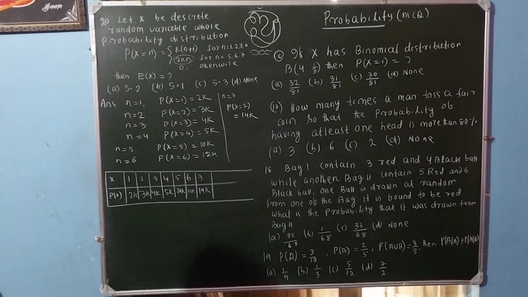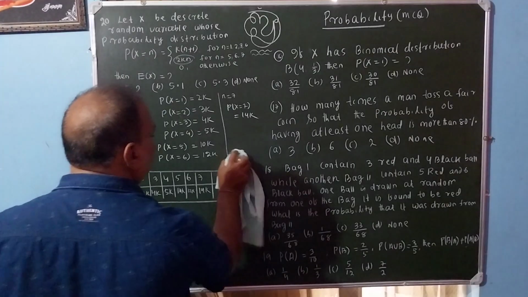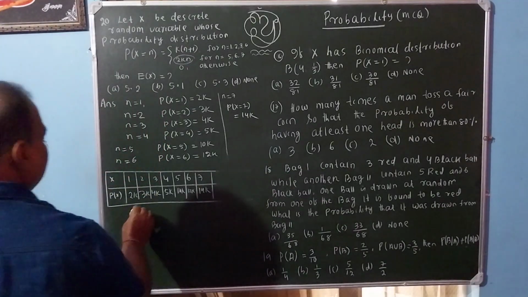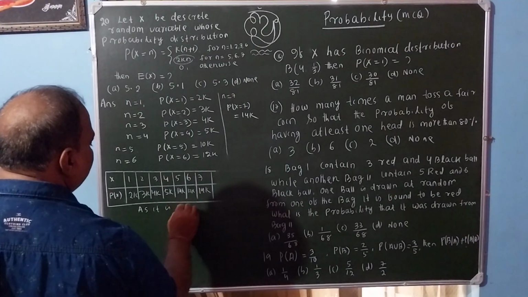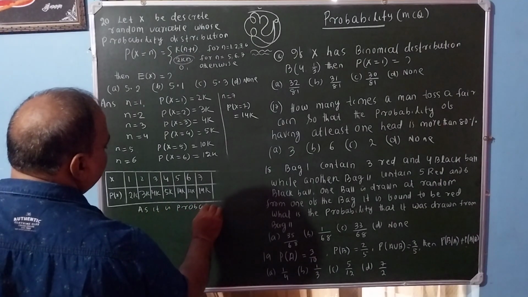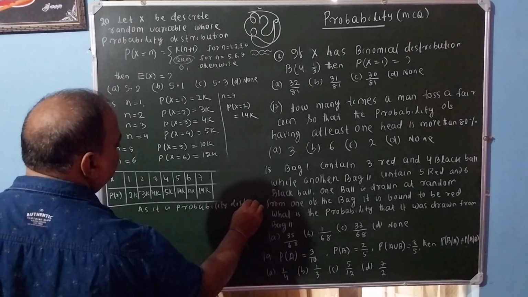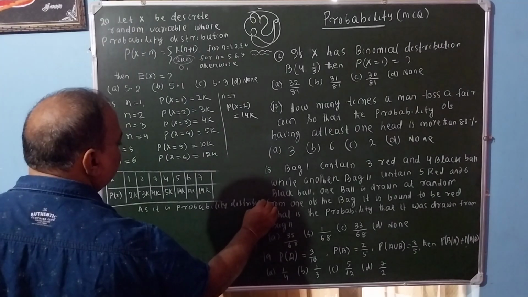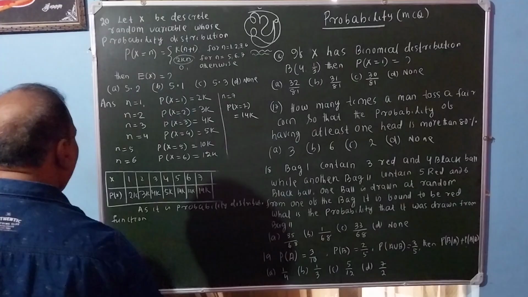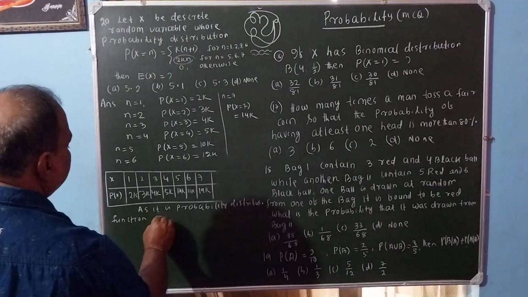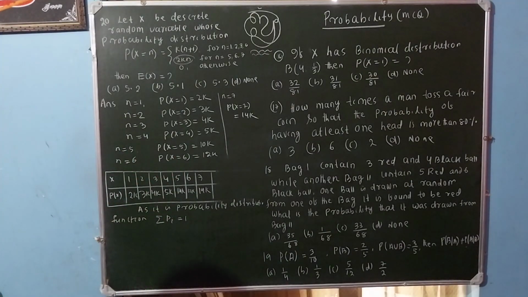Okay? As it is a probability distribution function, the sum of the probabilities must be equal to 1.